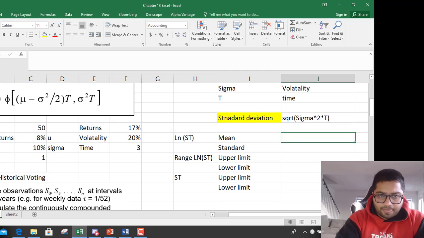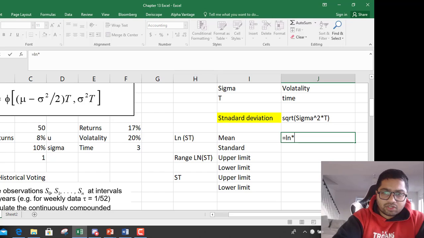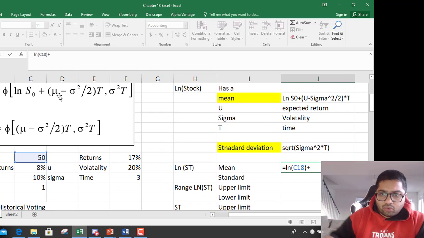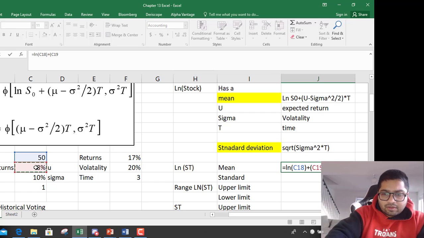So first the mean. The log normal mean is given by natural log of stock price 50, plus U is 8%, minus sigma squared by 2, times t.